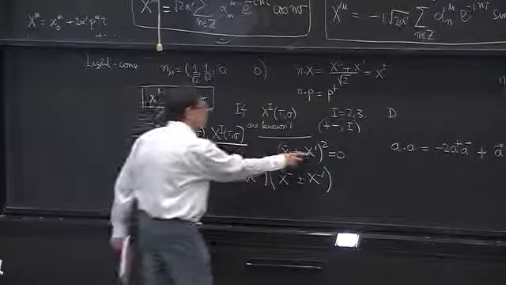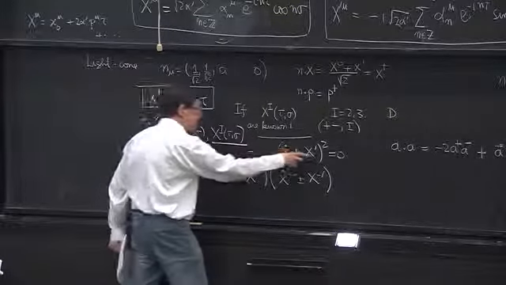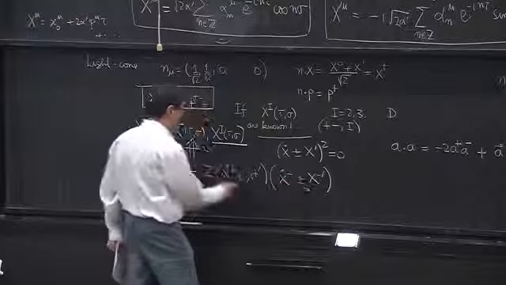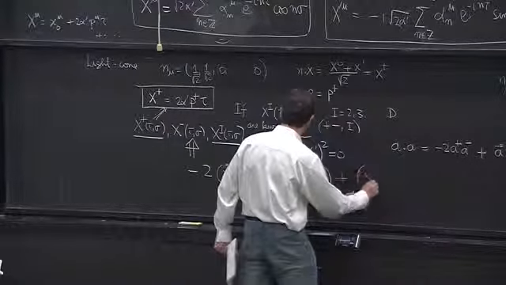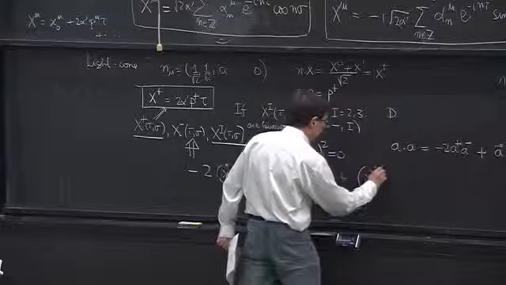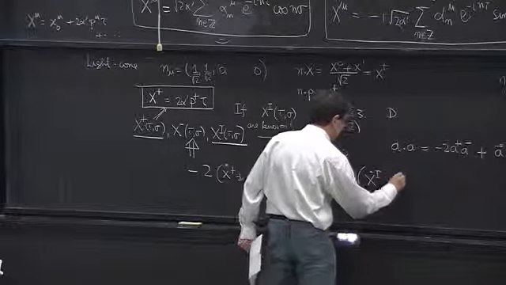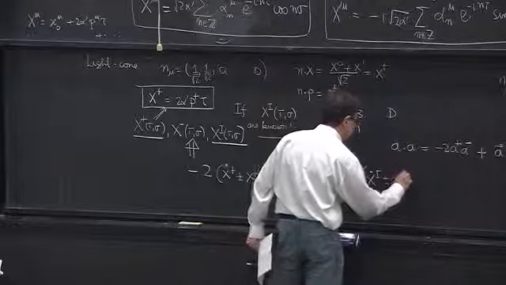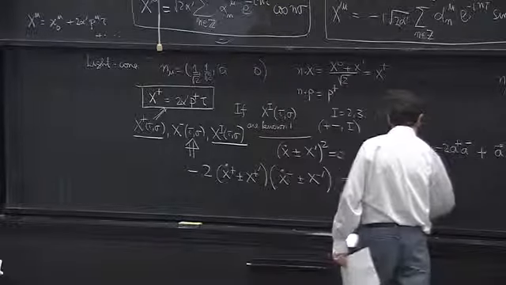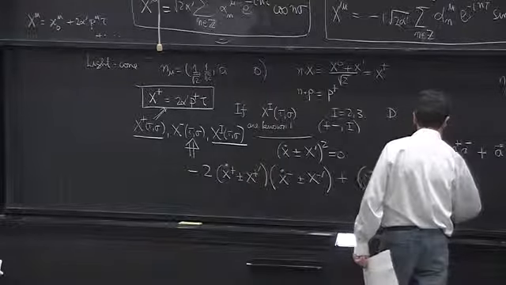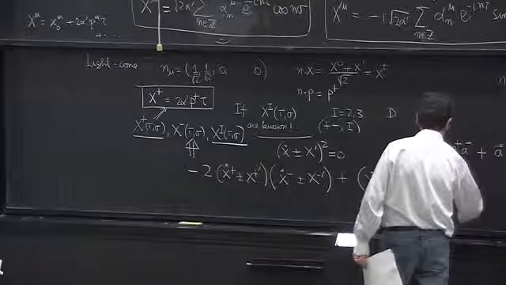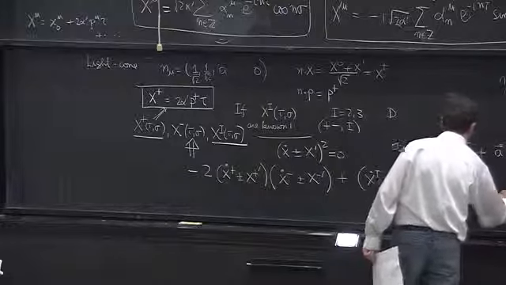So the first vector with a plus, the second vector with a minus, at minus 2, plus the same thing but with I: x dot I plus minus x prime I, times x dot I plus minus x prime I, equals 0.